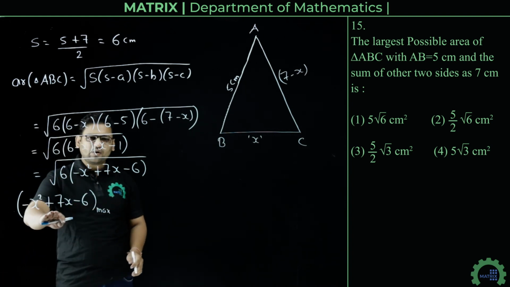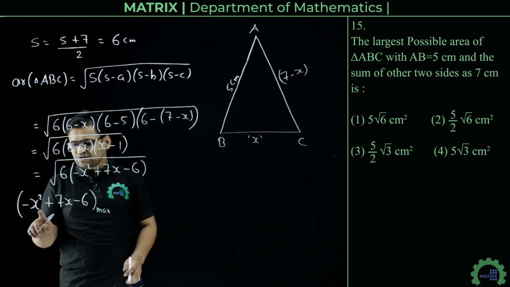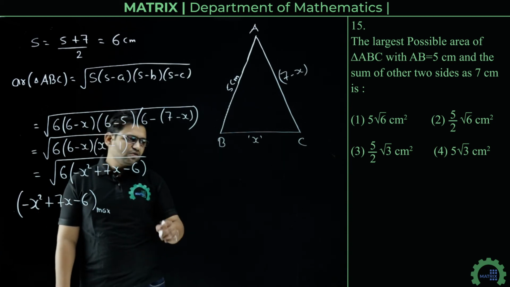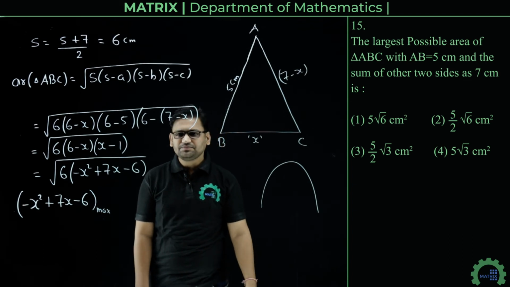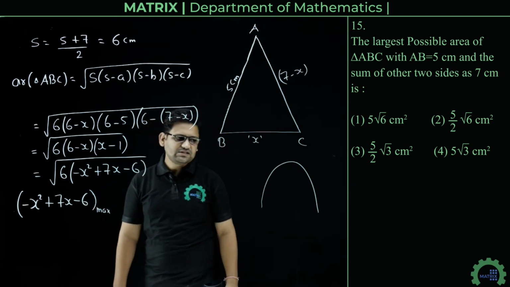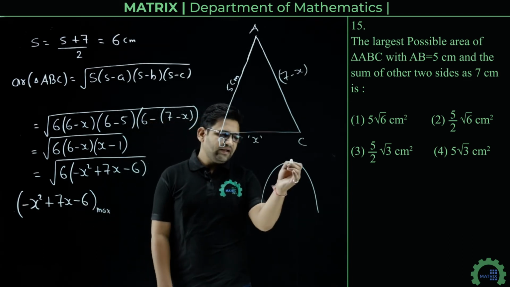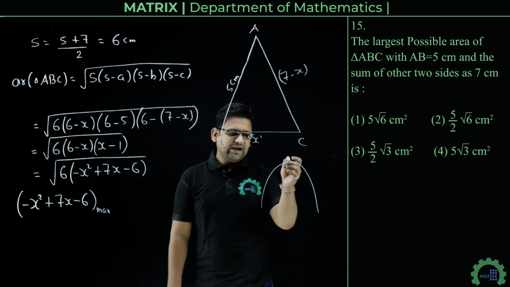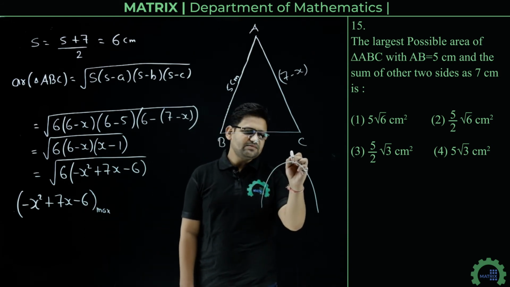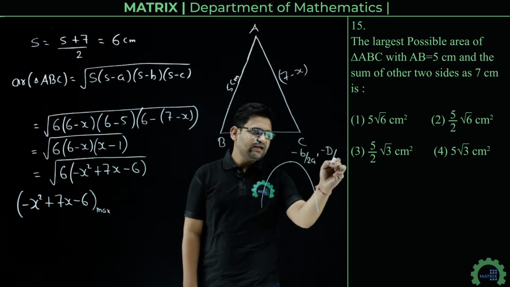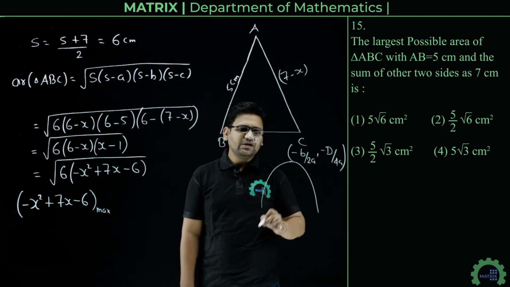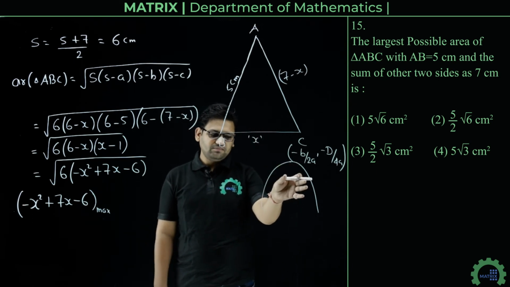And we know this is a quadratic polynomial whose coefficient of x square is negative. So the graph of this quadratic polynomial will be parabolic downwards, and the maximum value of this polynomial will be at the vertex of this polynomial. We know the vertex of a quadratic polynomial is minus b by 2a, and the y coordinate is minus d by 4a, which is the maximum value of this quadratic polynomial.